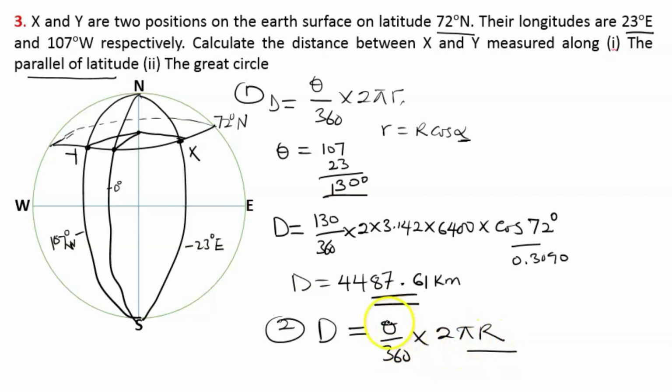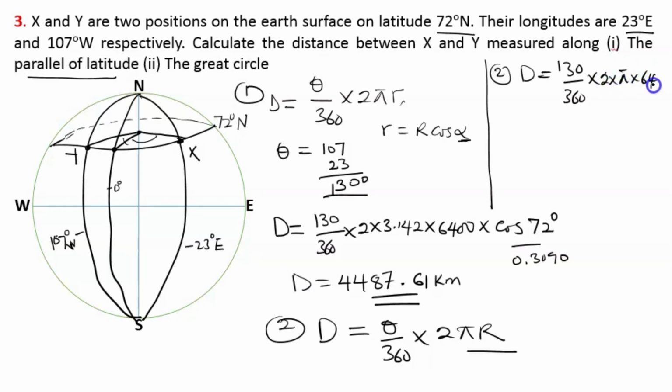Our theta will not change because it's still the same angle we are considering. So question 2, we are looking for the distance, and that means we are still going to use our 130 degrees divided by 360 times 2 times pi, then times 6400.